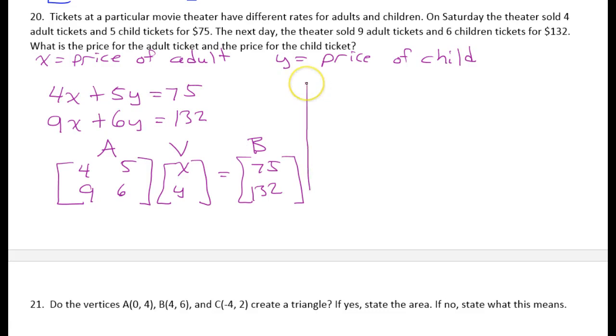So we have learned, well, let's just cut to the chase. We have learned that matrix V, the variable matrix, should equal A inverse times B. So let's just put A and B in our calculator so we can do this.